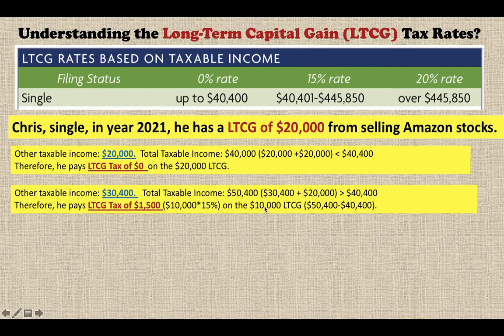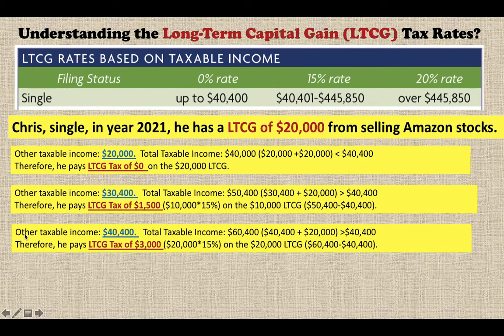To find the excess amount, you use the total taxable income minus 40,400. So the excess amount is $10,000. Those $10,000 are considered long-term capital gain, so they will be taxed at a 15% rate, which gives you a long-term capital gain tax of $1,500.